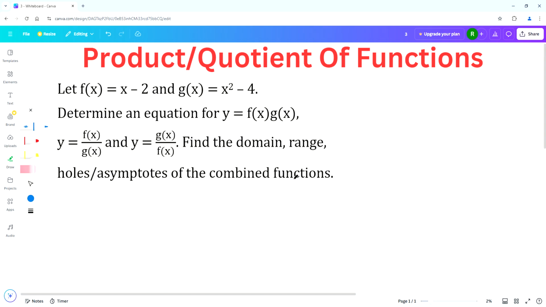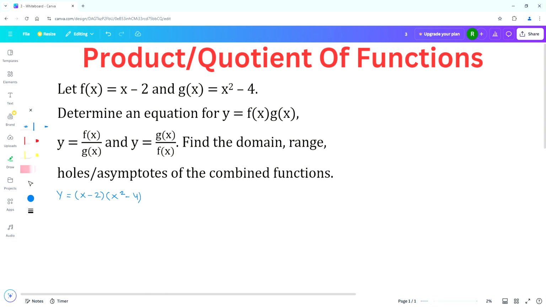Let's start with the first part, y = f(x) times g(x). We can use the given function equations. f(x) is equal to x - 2. g(x) is x² - 4. This is the equation for f(x) times g(x). We can simplify this equation by distributing the terms in the parentheses.